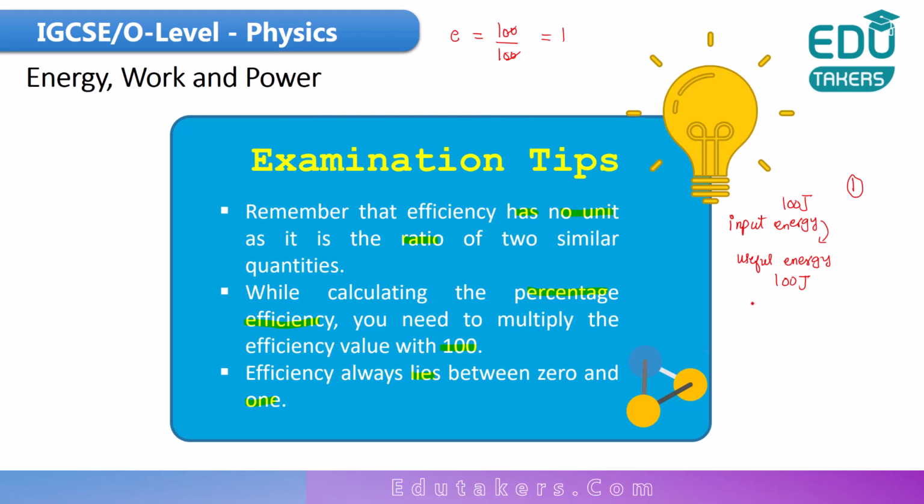The second case is that if I again consider here is the input energy and all of the input energy is converted into the wasted energy, which is just like the thermal energy into the environment. Again, I suppose that the input energy is 100 joule and the wasted energy is again 100 joule because all of the input energy is converted into the wasted energy.